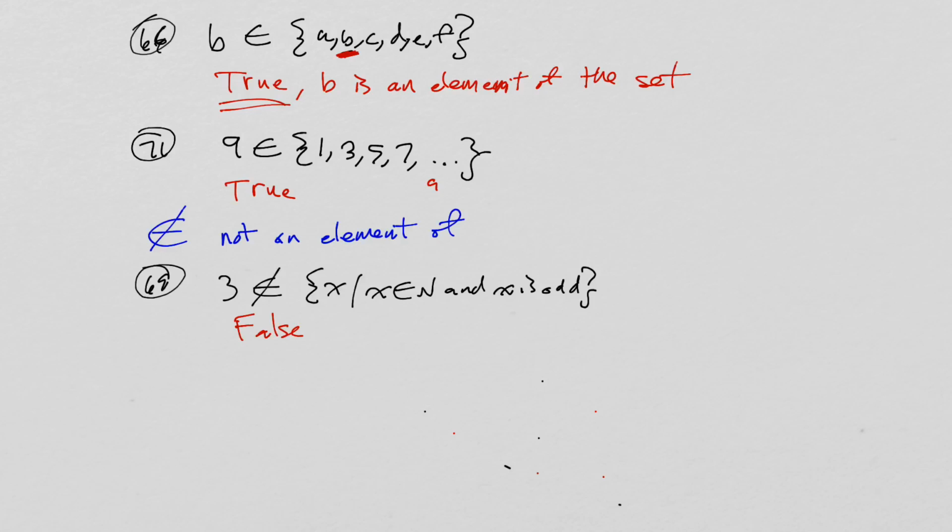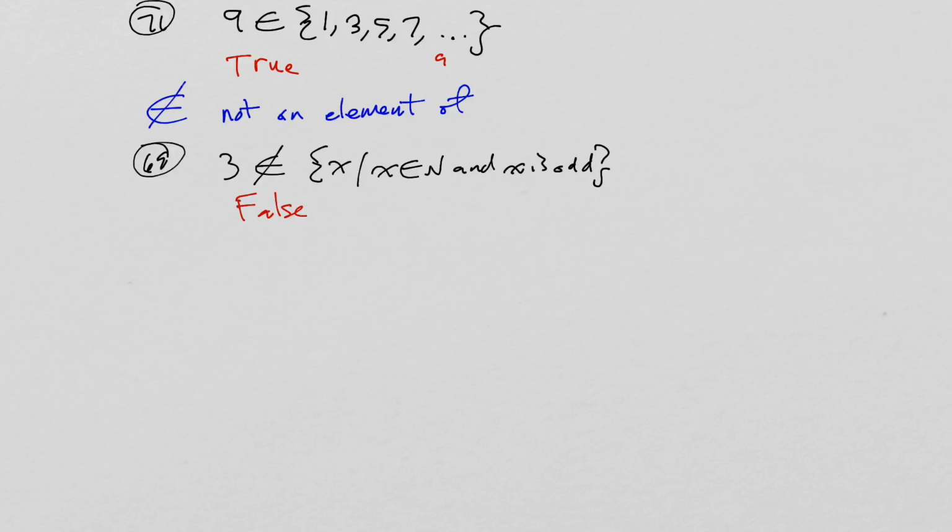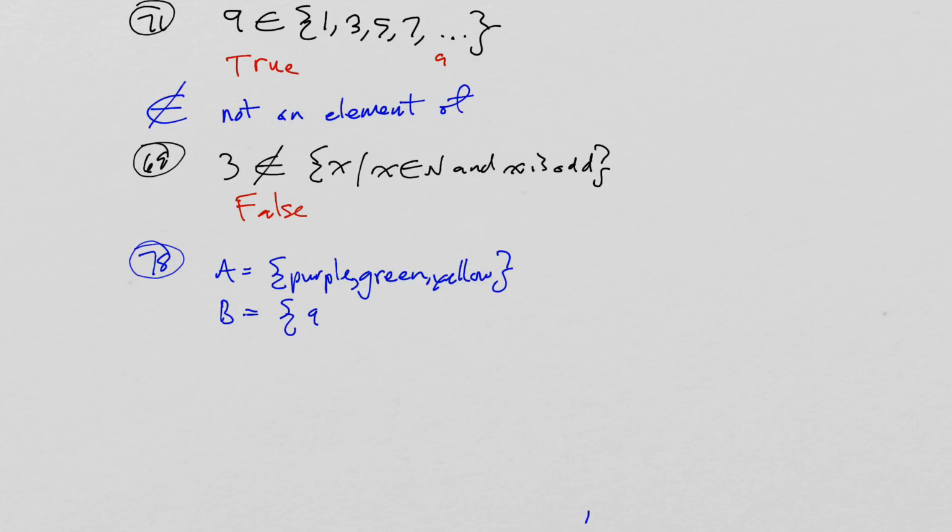Two more, 78 and 82. Let's erase all this craziness. 78 and 82. So we have two sets, purple, green, and yellow. And we also have B, which is Q, R, and S. And the question is determine whether the pairs of sets are equal, equivalent, both, or neither.